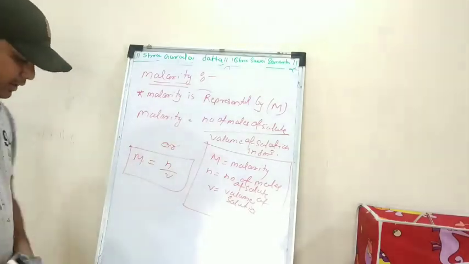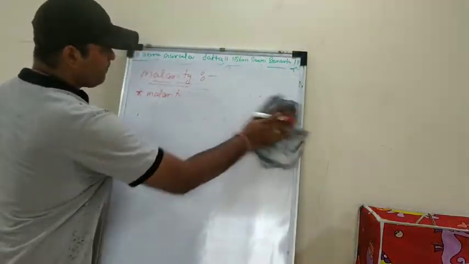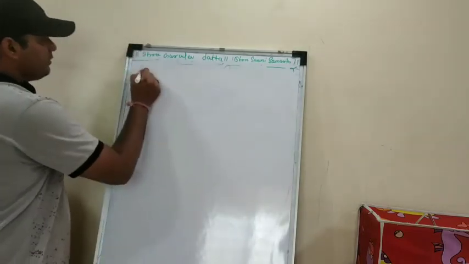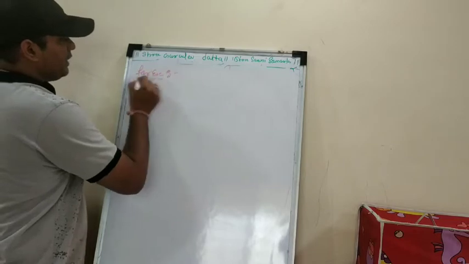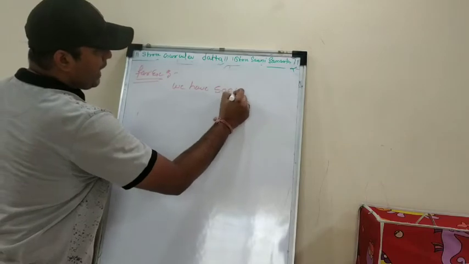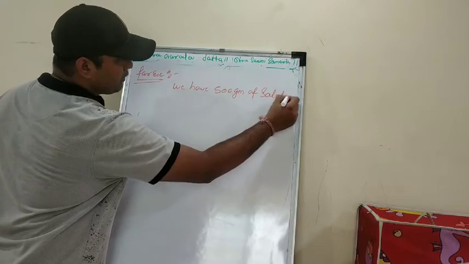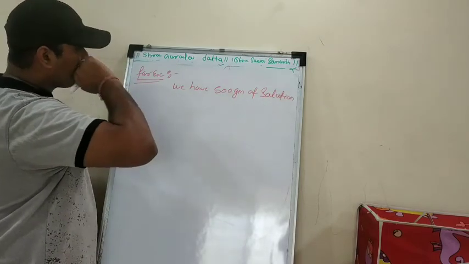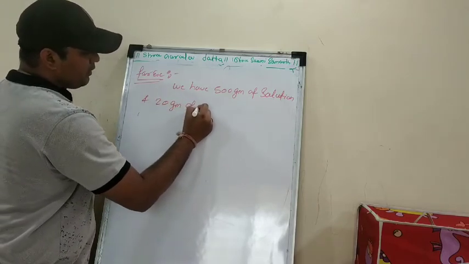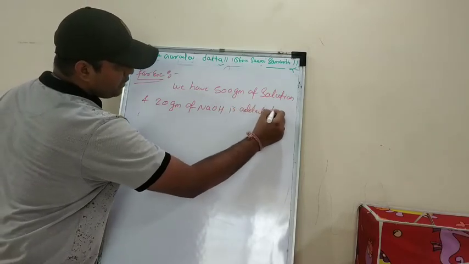Right? Okay, now here we can take one example and let's understand this. We'll take one example of molarity. For example, let's say we have 500 gram of solution and 20 gram of NaOH is added to it, right?